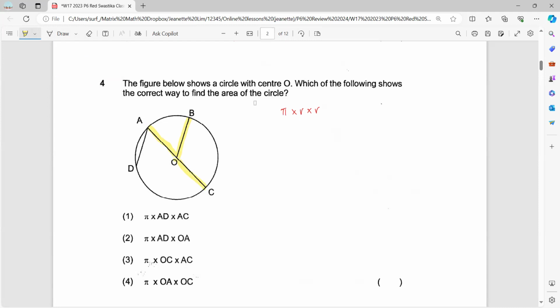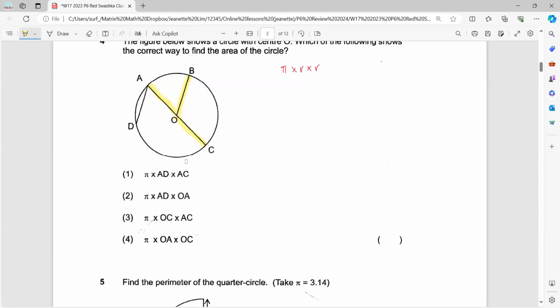So you are supposed to look for an answer that uses the radius. And how do you know the radius is part of the expression given? You look for those that has O. Okay, so over here, the only one that has both with O will be number 4. So OA and OC are the radius.